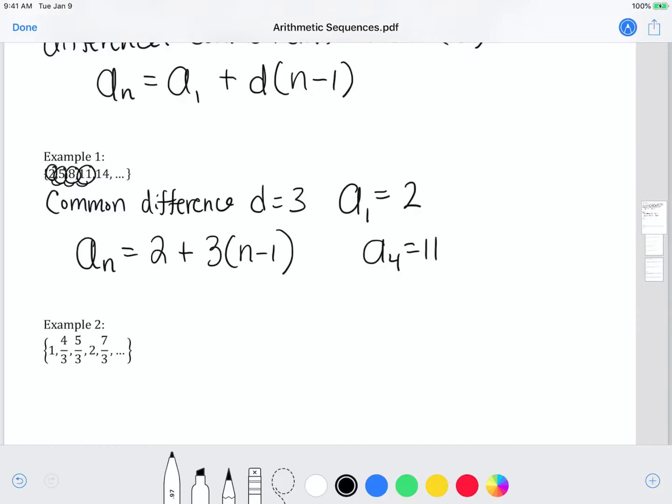So if I plug in 4 for n, inside the parentheses I have 4 minus 1, which is 3. And 3 times 3 is 9, so I have 2 plus 9 is 11. So it works. You can always go back in to make sure your nth term works by picking a couple of terms and checking to make sure that it works.